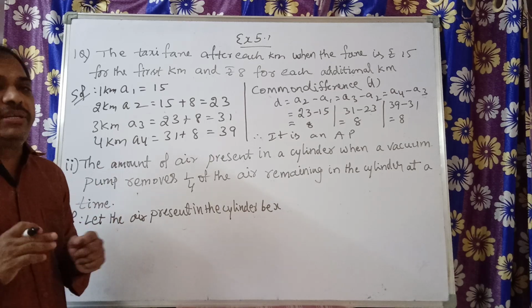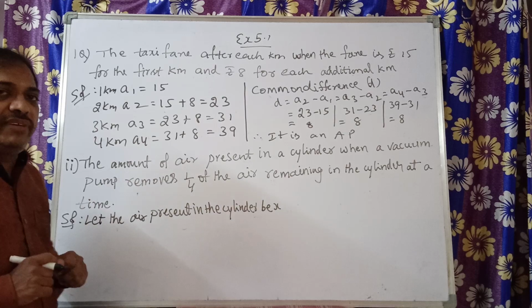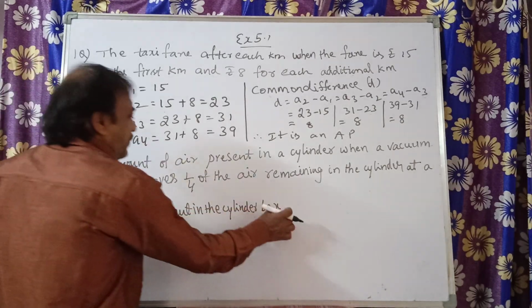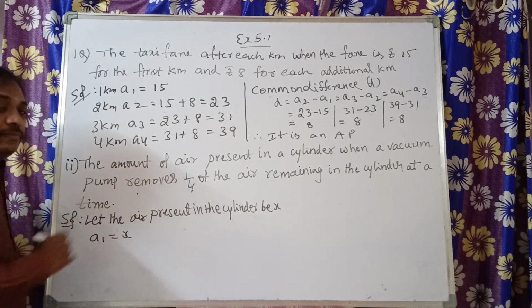Every time how much are they removing? 1/4. So the first term is X. So A1 is equal to X.